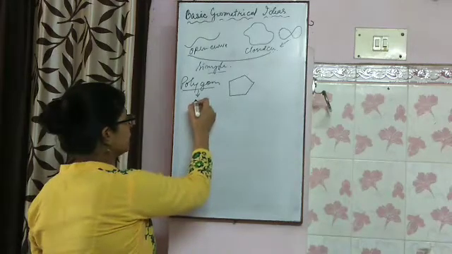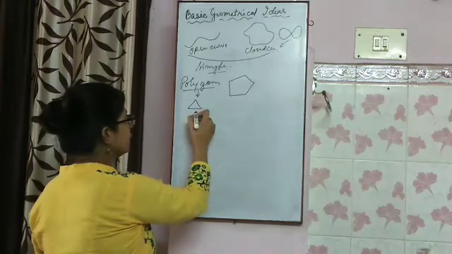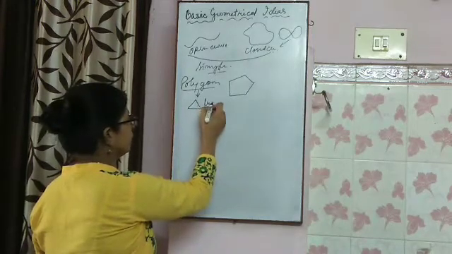Like if it has 3 sides, then it's called a triangle.